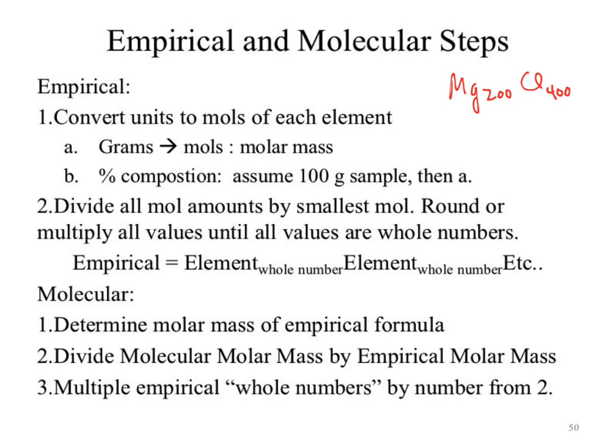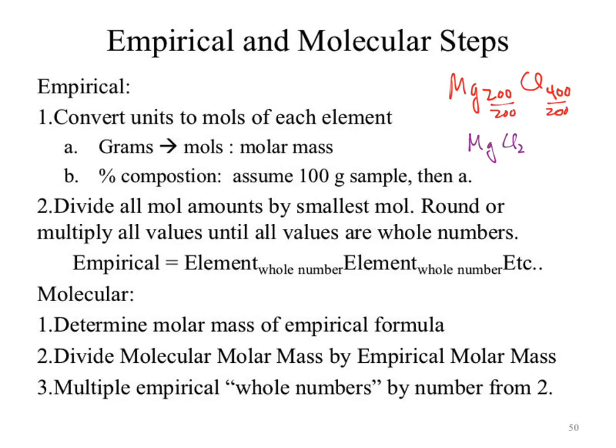Step 2 says divide them both by 200, and what do I get? MgCl2. Holy crap, that's exactly what it's telling us to do. This is stuff that we're doing by inspection already. We can then insert that whole number into our formula, and we now have our empirical formula.